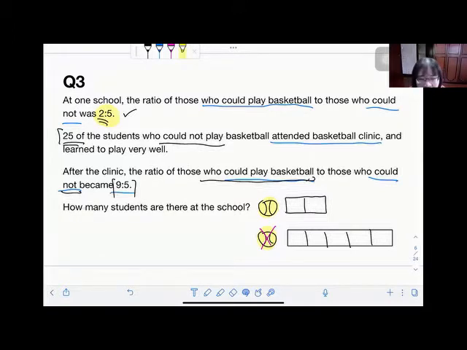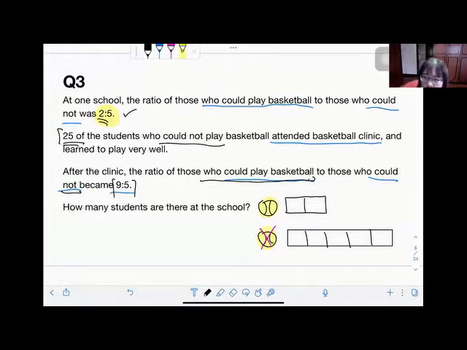Kasi nga, hindi natin alam kung ilan yung kabuuan ng 5 boxes. Ang alam lang natin, 25 doon sa 5 boxes, yung sinabi nga ninyo, aakyat na sila doon sa could play.